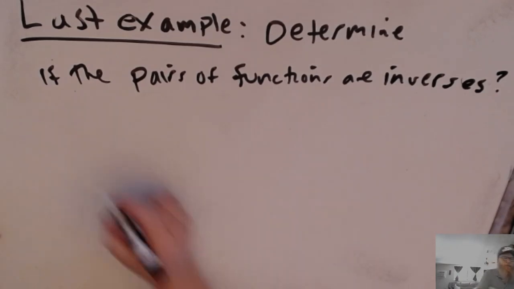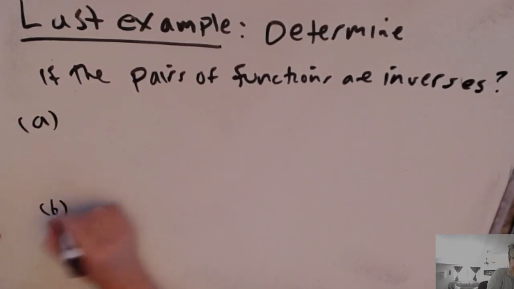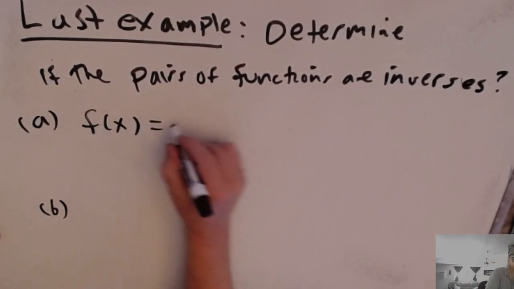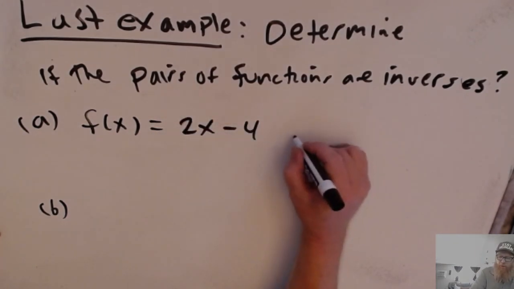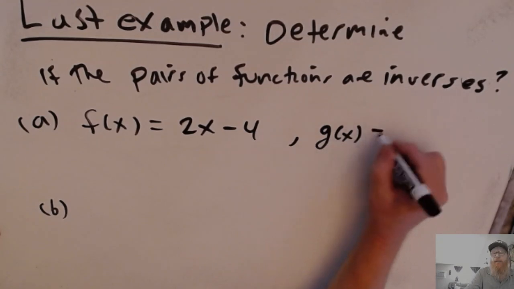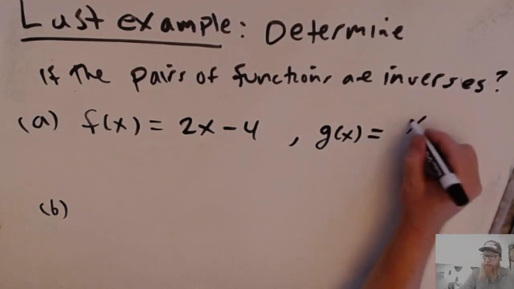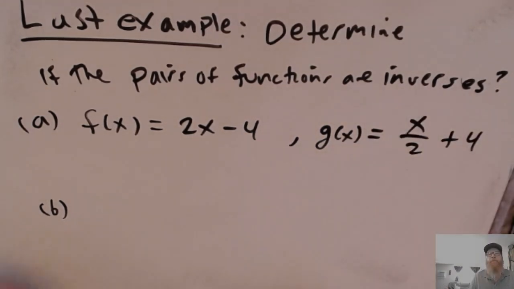Okay, so let's do a couple different ones. Let's do f is 2x minus 4, and g is x over 2 plus 4.